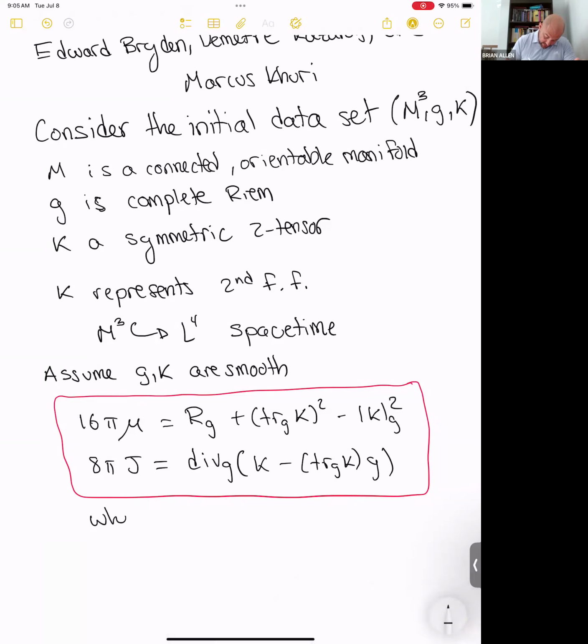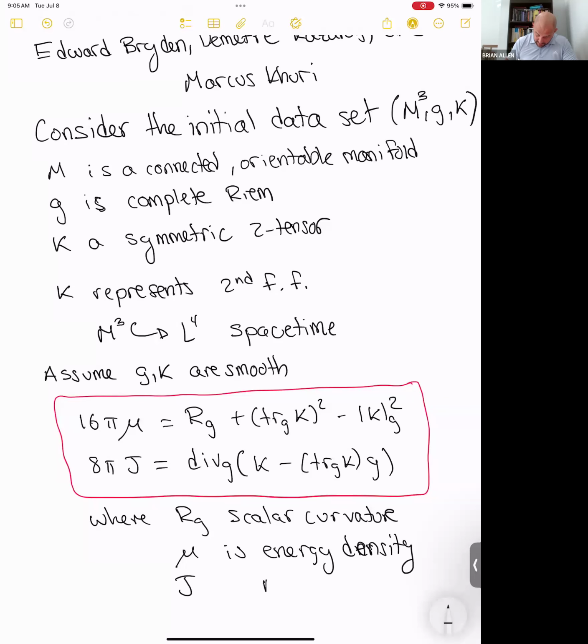As I said out loud, R_G is the scalar curvature, mu is the energy density, and J is the momentum density.